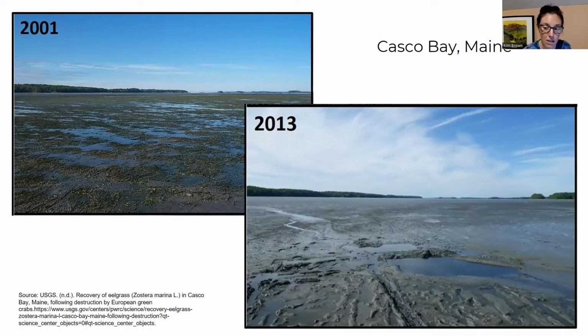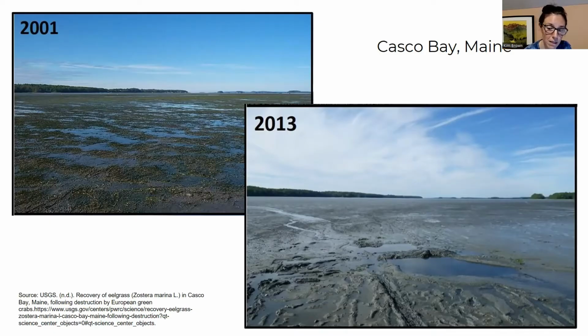Seagrass beds like ours were once very plentiful, but 250,000 acres have been lost in the last 30 years. That's a very similar rate to the loss of coral reefs and tropical rainforests. And similarly to those habitats, once these beds are gone, they are very difficult to recover. Recovery is very slow and restoration has pretty varying success, and it's also very costly. There have been estimates between $100,000 and even $1 million per acre for restoration of eelgrass.